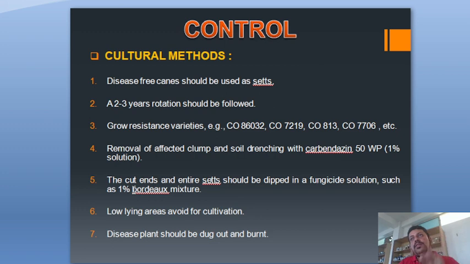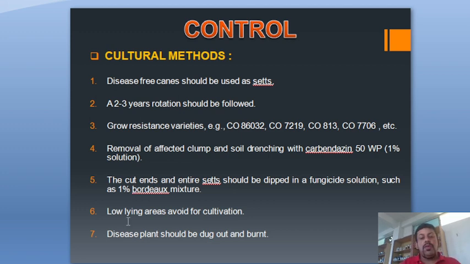If we increase the concentration to control the particular pathogen, it may directly affect our food chain. Understood? That is a very important point. We have to always be clear about the concentration when we are using any type of fungicide.